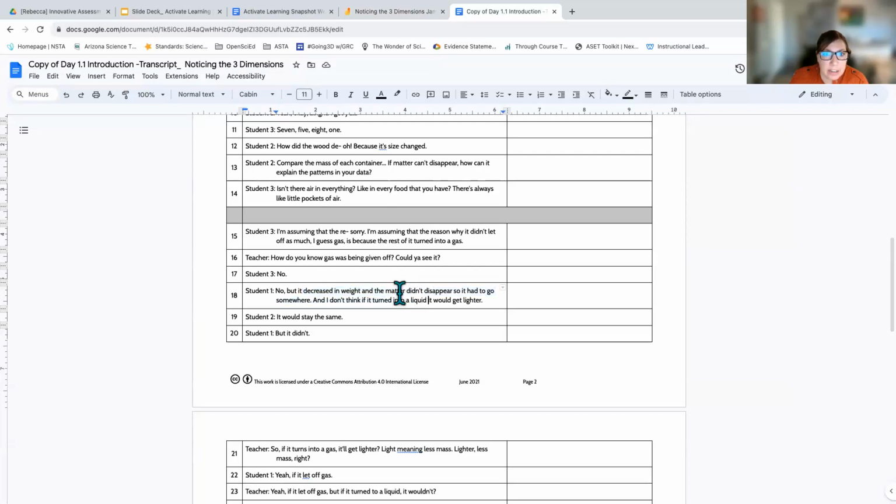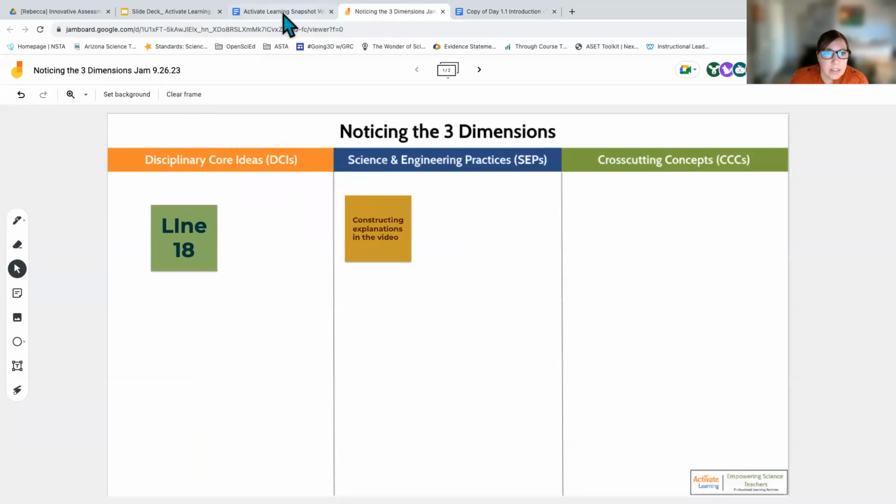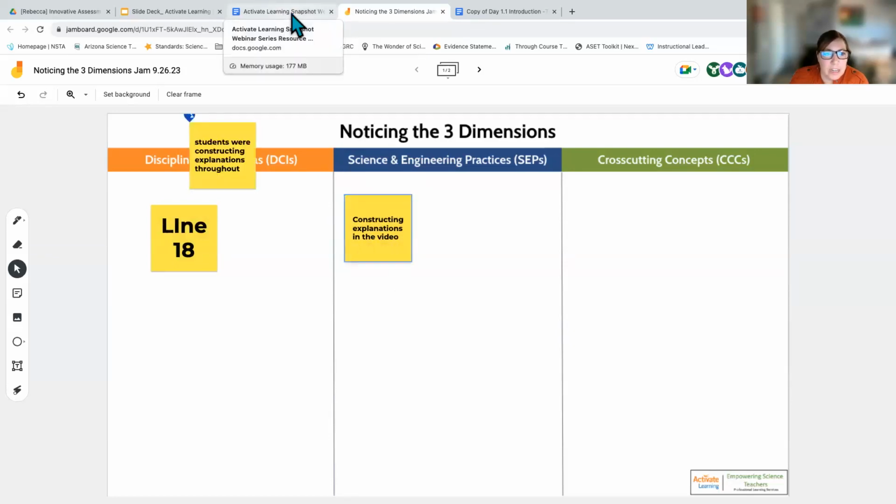Oh, yeah. I hear a cross-cutting concept in there. Constructing explanations, we saw. Yep. They're trying to figure it out. Yeah, they were constructing explanations.